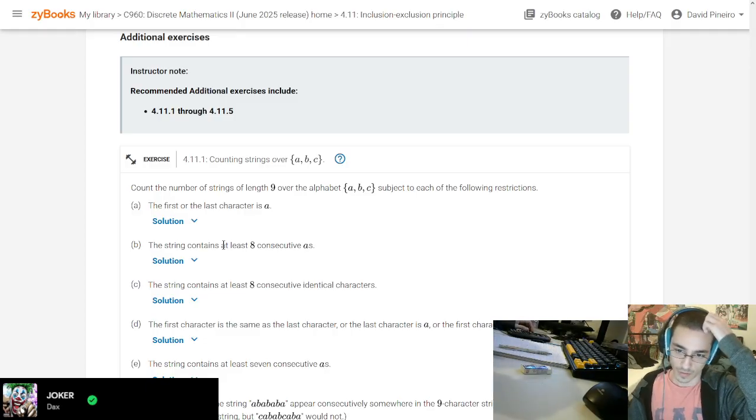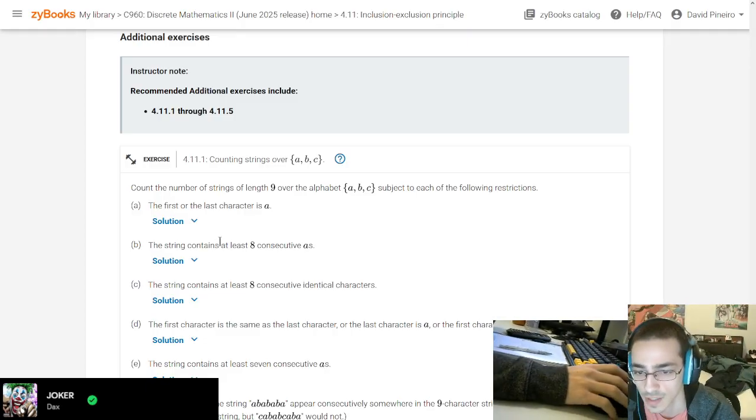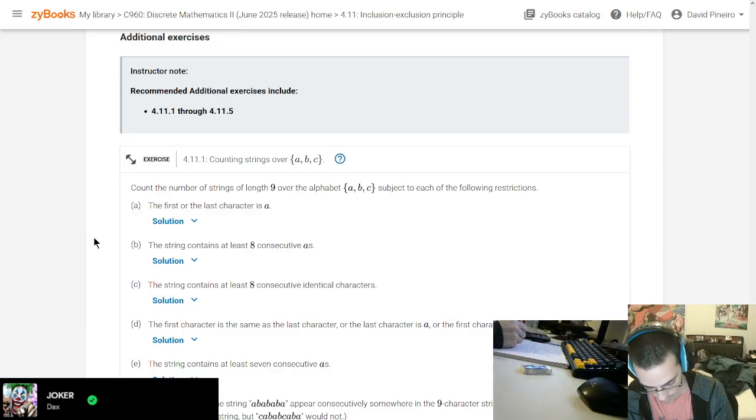And then here they're saying the string contains at least 8 consecutive A's. Wait, hold up. We gotta work out how many cases there are for that to happen.